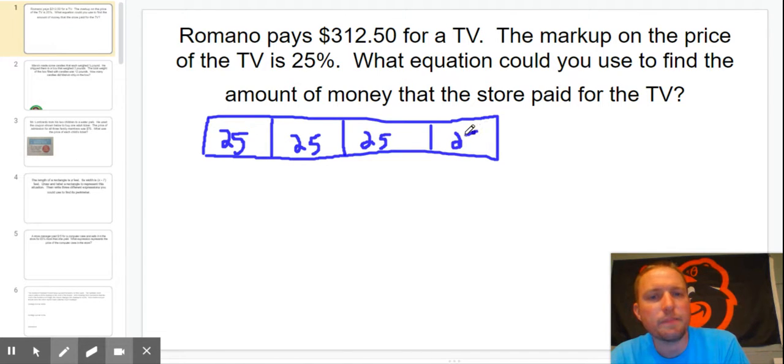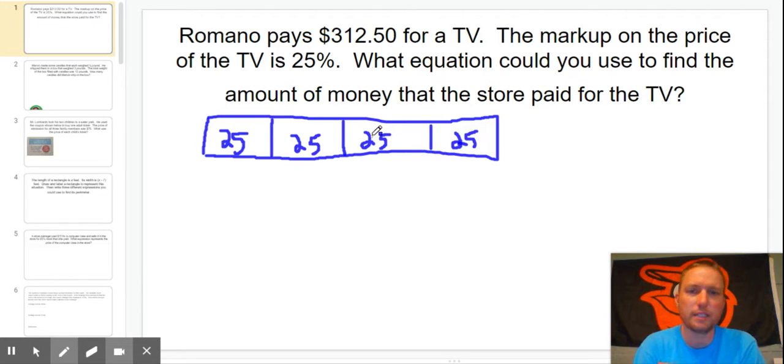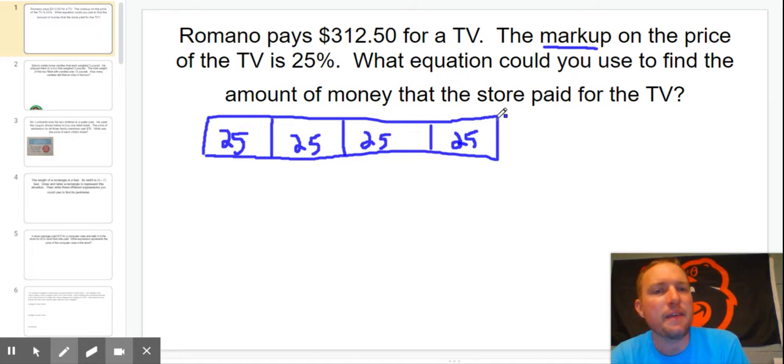Now, the reason I did this is because this would be 100% of the TV price. However, it says there is a markup. That means the store took the price, 100% of the TV, and they added 25% more, okay?